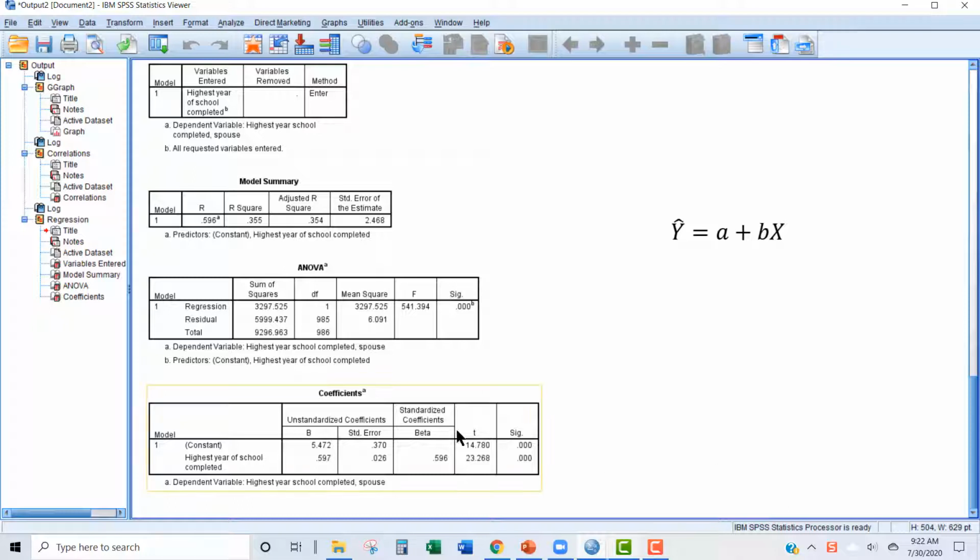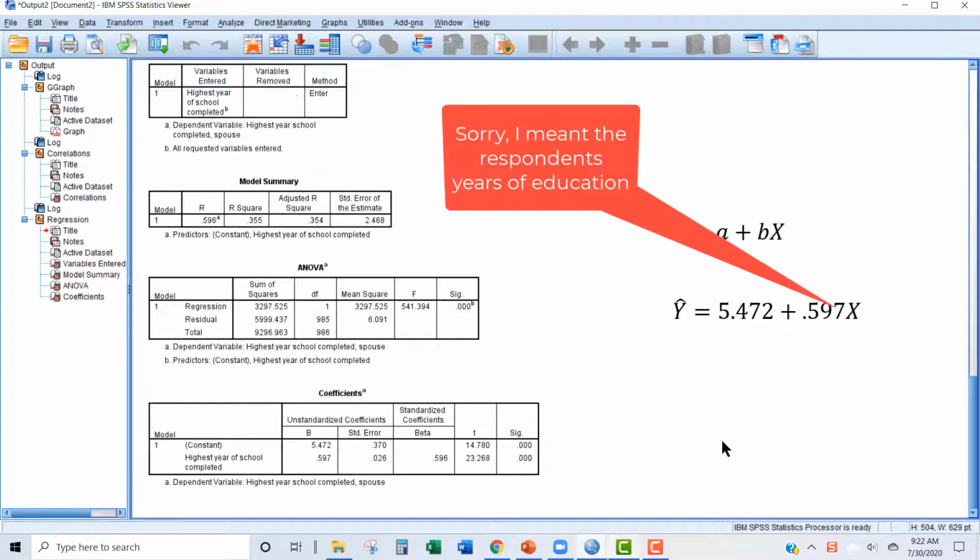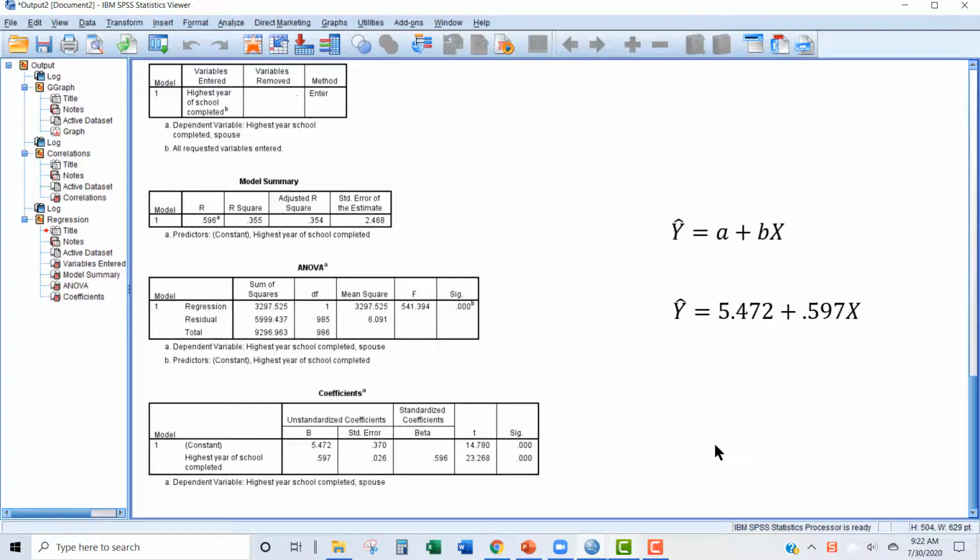So the constant here would be 5.472. And then the second coefficient value here is 0.597. So that is b, the slope, and then times x. And x in this case is the respondent's years of education. So our prediction equation therefore is y hat equals 5.472 plus 0.597 times x.